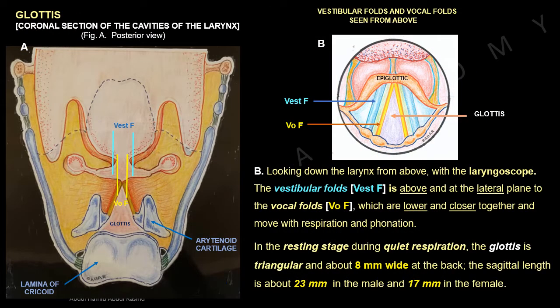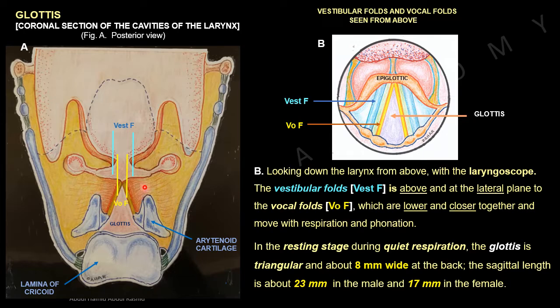We have two diagrams in this slide. This is the diagram of the cavity of the larynx. This is the second compartment, the ventricle. Above the ventricle is a pair of vestibular folds, and below the ventricle is a pair of vocal folds here.